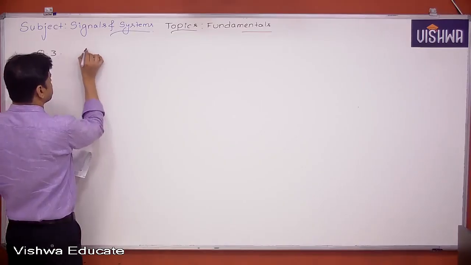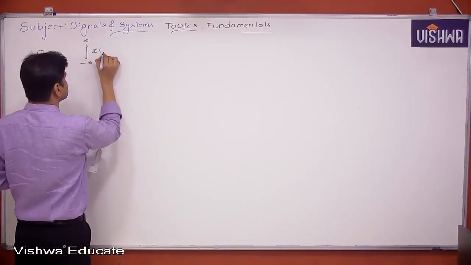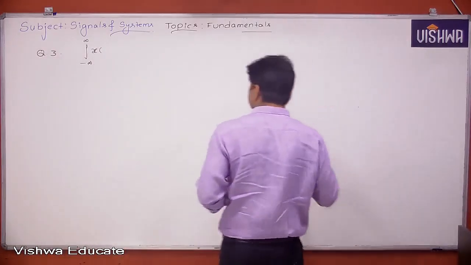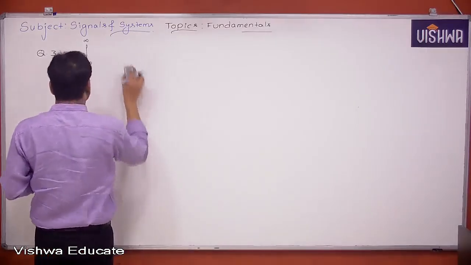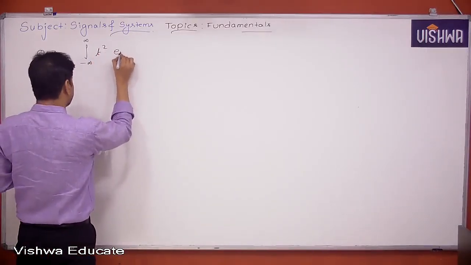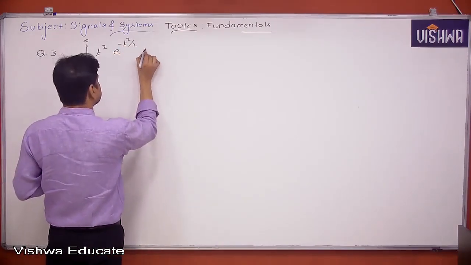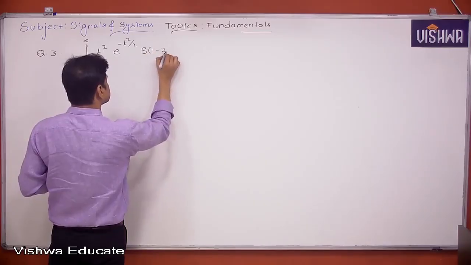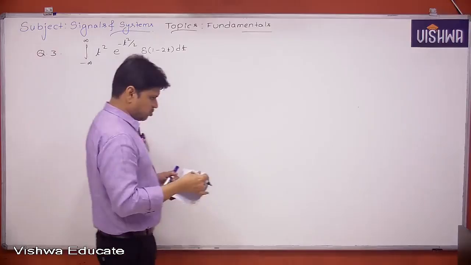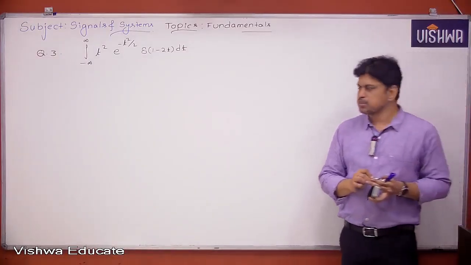Integral from minus infinity to infinity of t square e power minus t square by 2 delta of 1 minus 2t dt. This is what we have to solve. What is the answer for this? Think about it. What can it be?